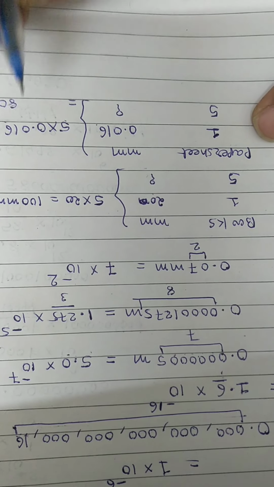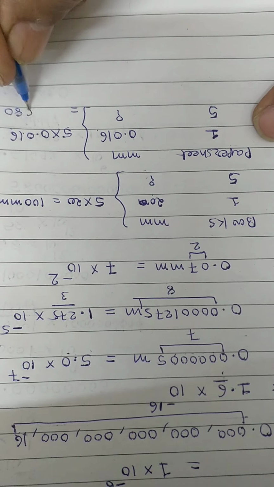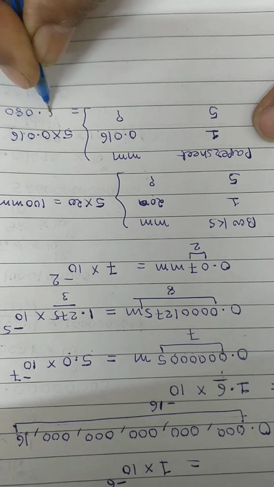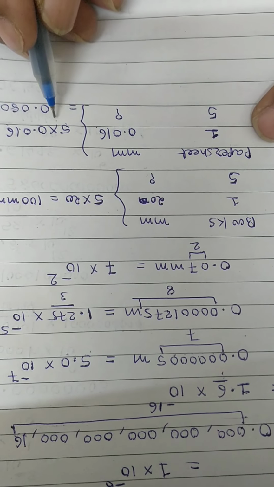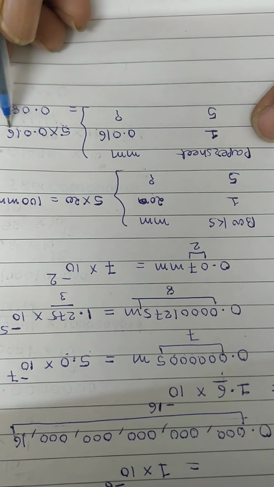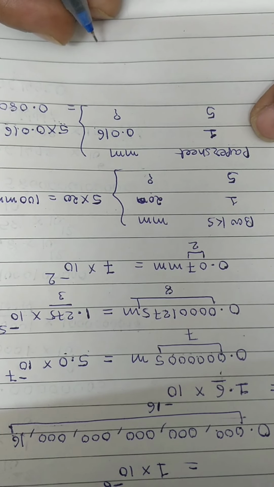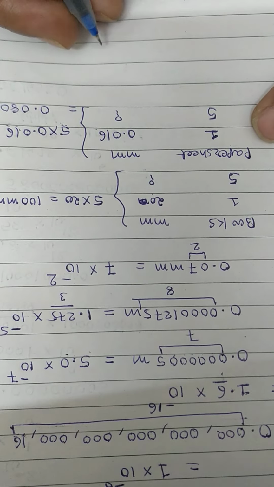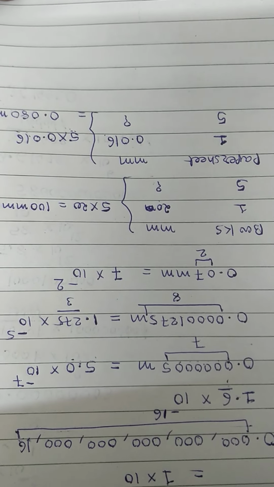Okay, but here there are 3 digits after the decimal point, so in the answer there are also 3 digits. Okay, 16 5s are 80. So this is also in millimeter.